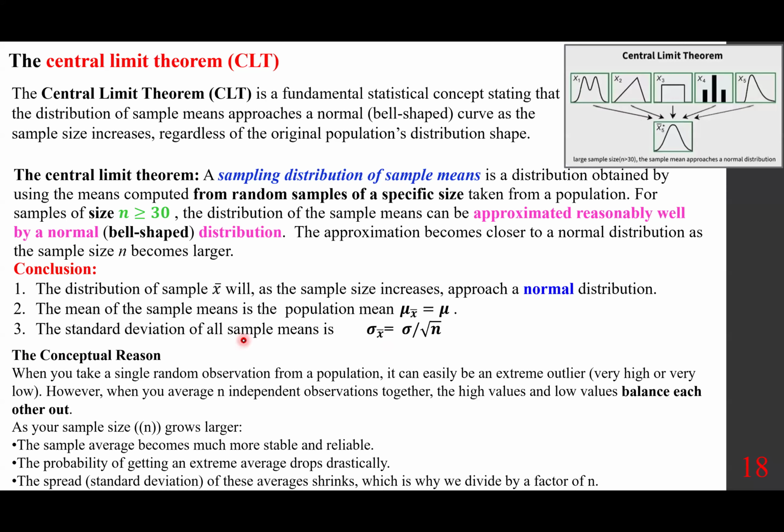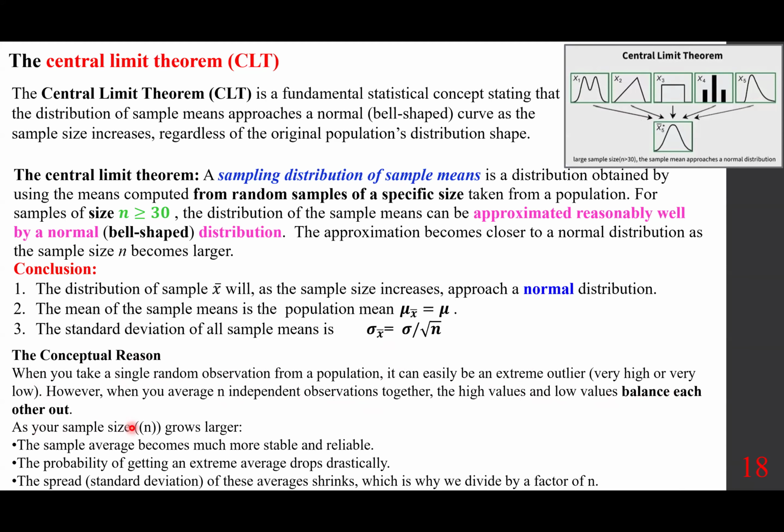The conceptual reason. When you take a single random observation from a population, it can easily be an extreme outlier, very high or very low. However, when you average n independent observations together, the high values and low values balance each other out.